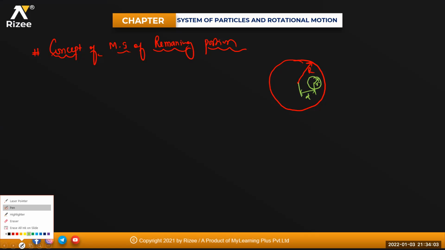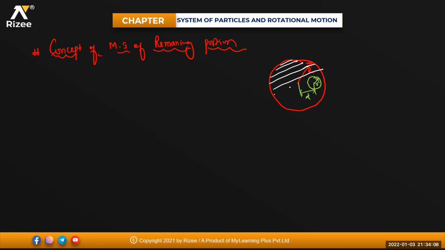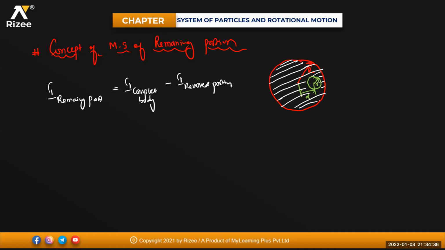This is the remaining body. Then how do you write it? The moment of inertia of the remaining part must be equal to the moment of inertia of the complete body minus the moment of inertia of the removed portion. That will give me the moment of inertia of the remaining body.